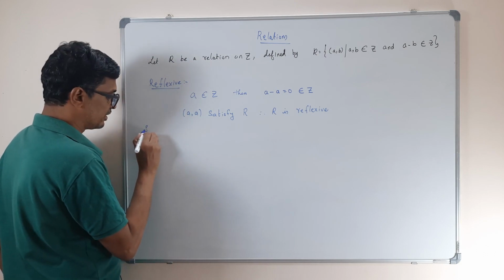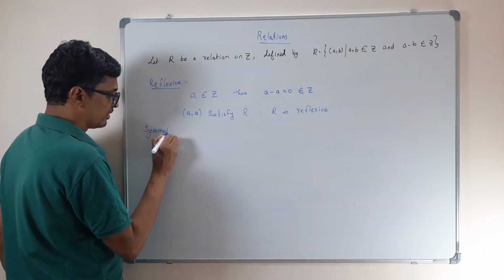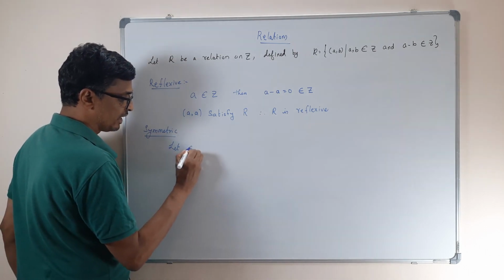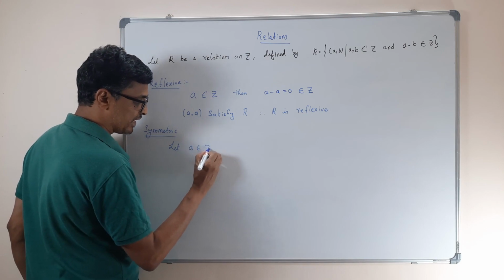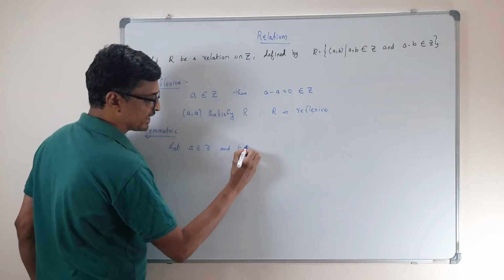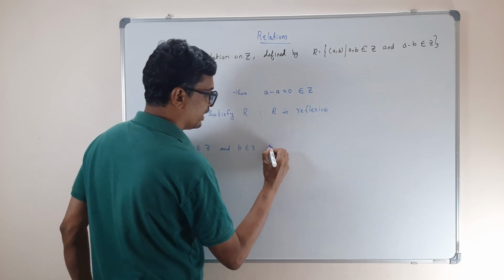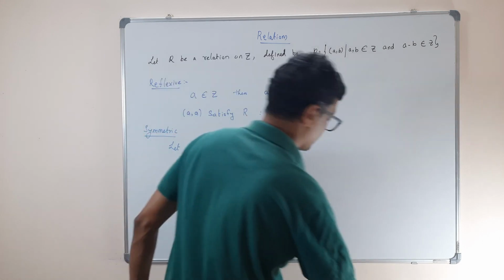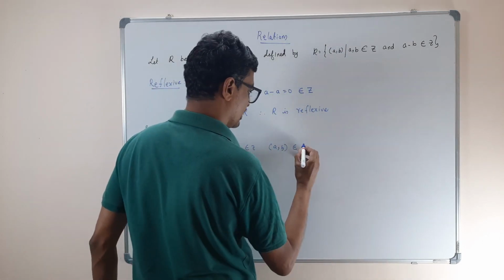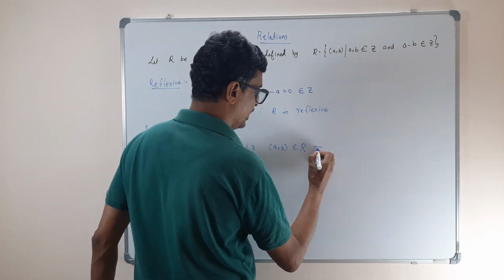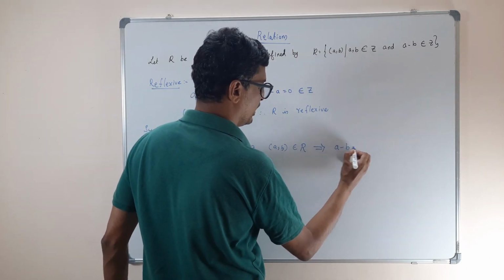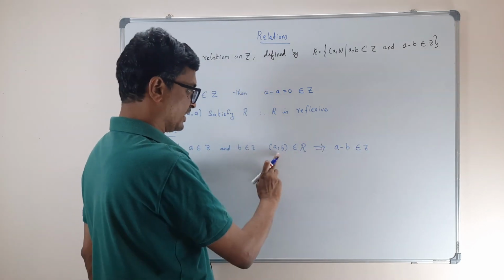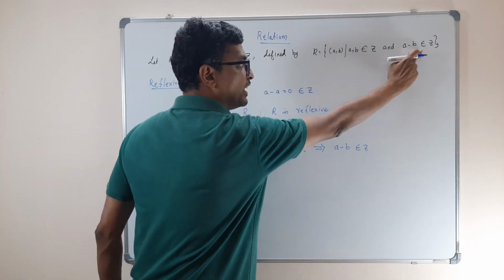Am I right? Okay, let a be an element of Z and b an element of Z, and (a, b) is an element of the relation R. That means a minus b is an element of Z, because (a, b) being an element of R means it has to satisfy this relation.